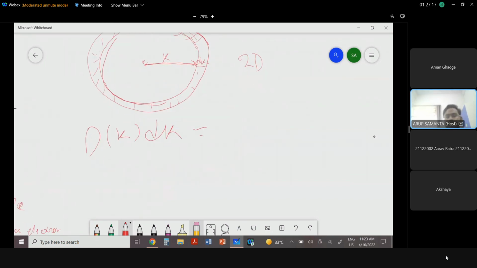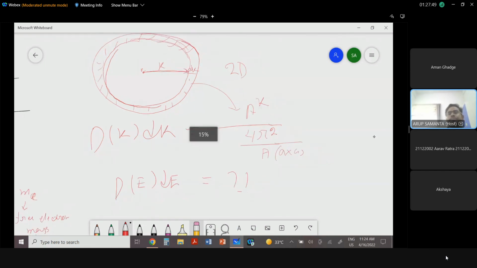Then this area is divided by the area per unit reciprocal lattice, that is 4 pi squared by this area, which is different. If I note it as AK for the real area, A squared means A into A. Based on that, you convert it to dE. This is your first homework.